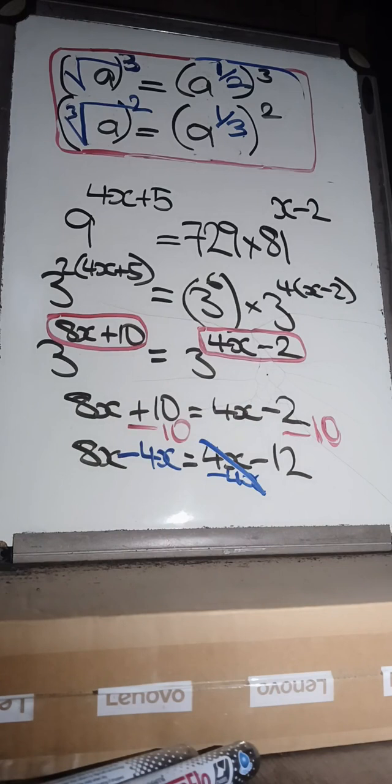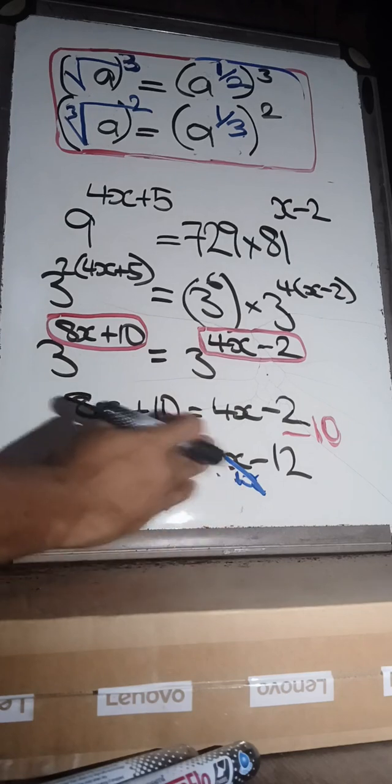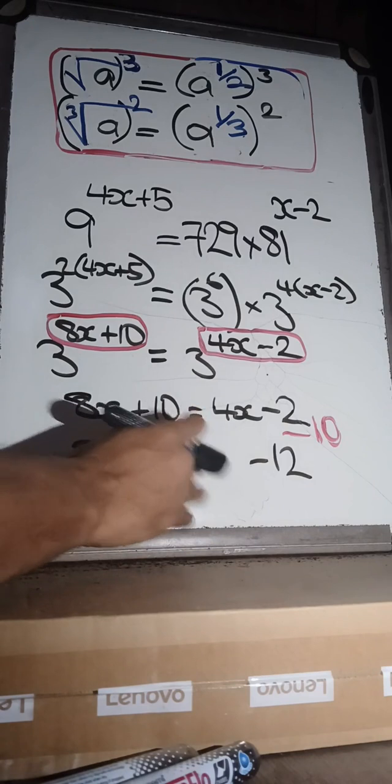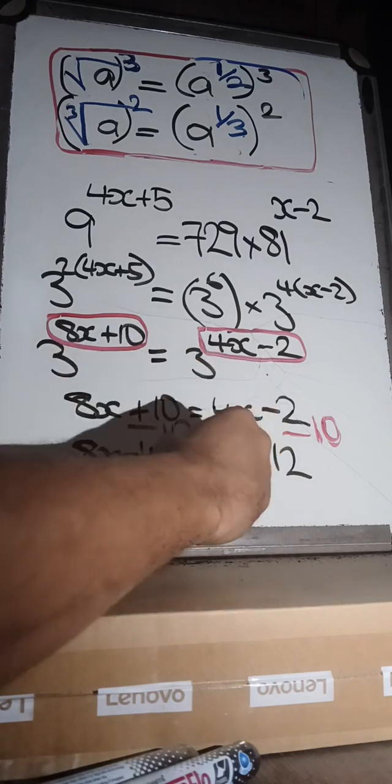Now we will have 4x is equal to minus 12.